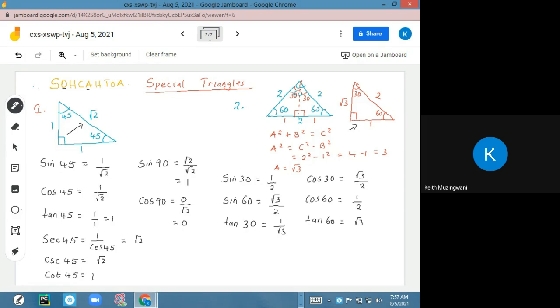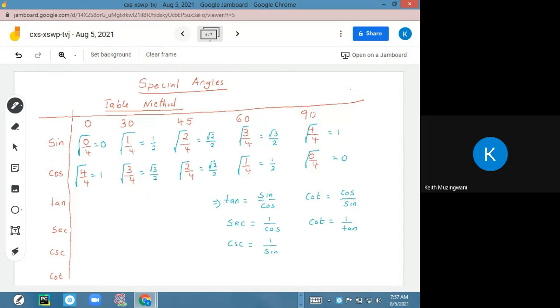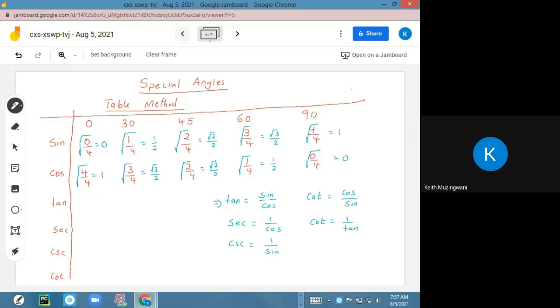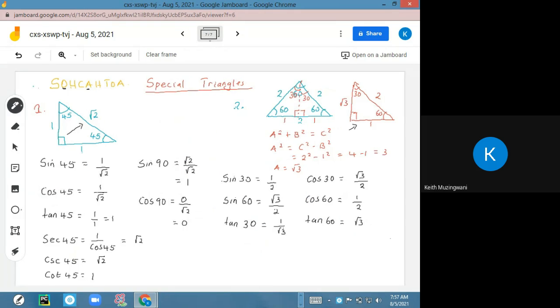So you can use this now to get cosec, sec, and cot. So you can see that what you get here is what you get on this side. So you choose one method. All these are just helping us to remember, to recall, helping us not to forget.